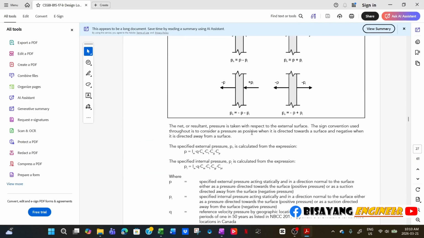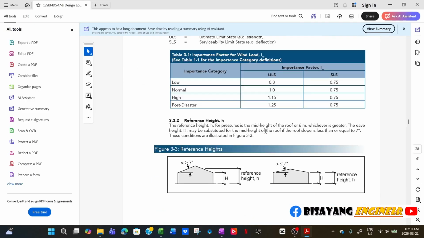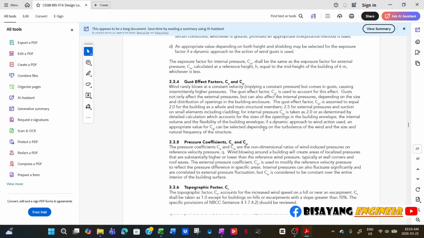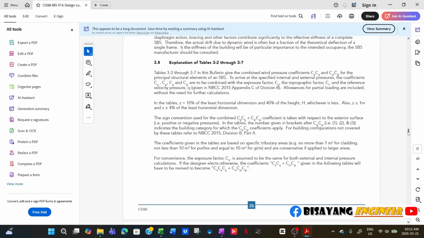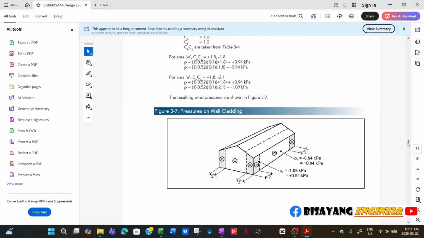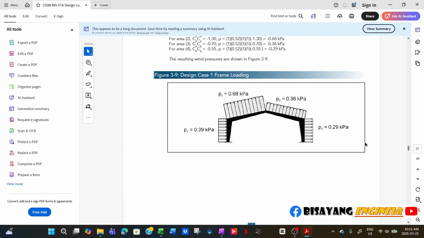This sample is for a pre-engineered building, and it shows how the loads are calculated and how the loads are applied for the structure, for the cladding, for the purlins. So I will try to show you how I analyze or calculate the wind loads using this sample as well.